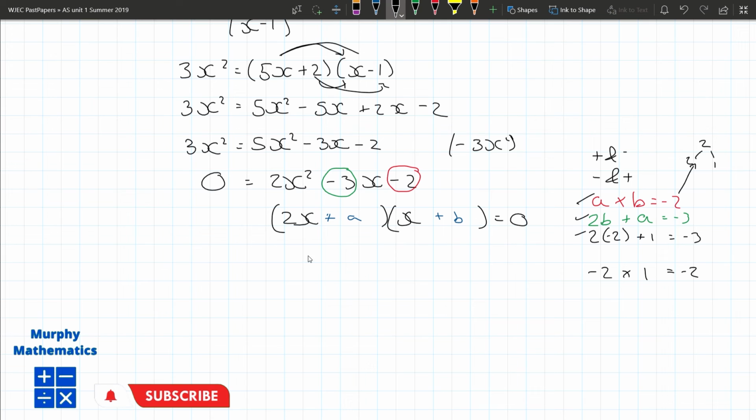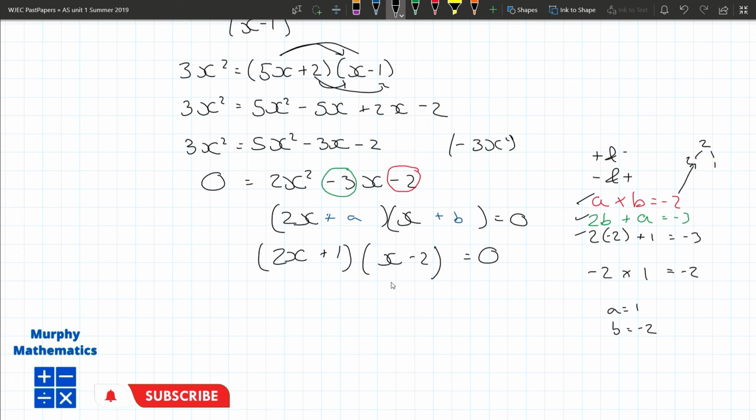So factorizing in my brackets, I'm going to have 2x, so little a was 1 and little b was minus 2. So I'm going to have (2x plus 1)(x minus 2) equals 0.